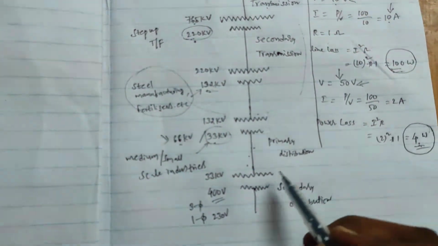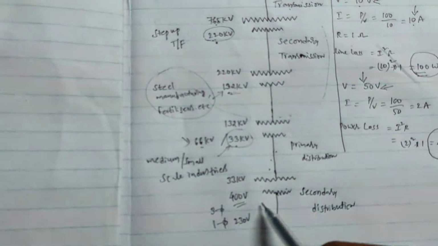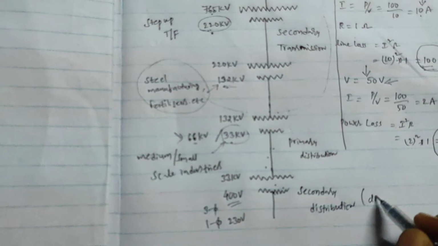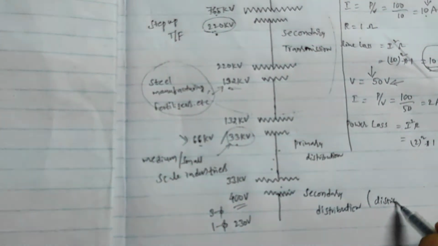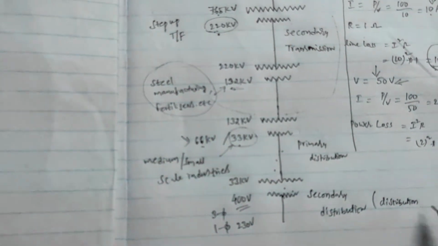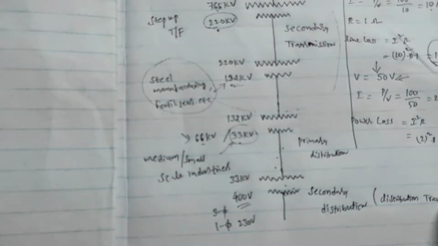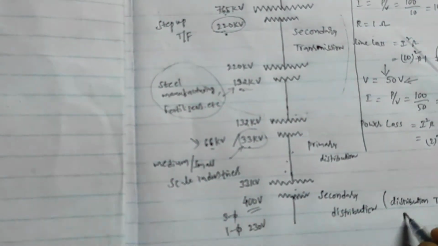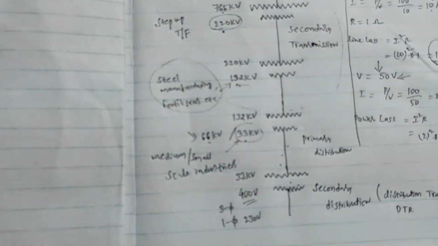But here at the secondary distribution level, we will have a distribution transformer, also called DTR, distribution transformer.